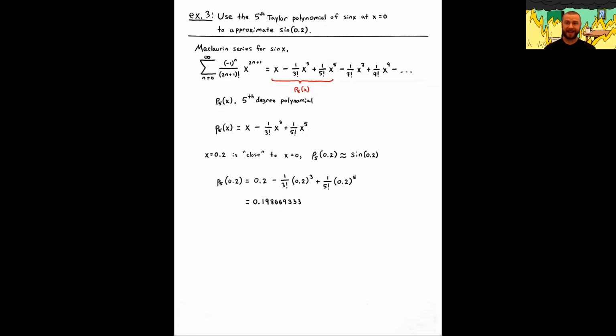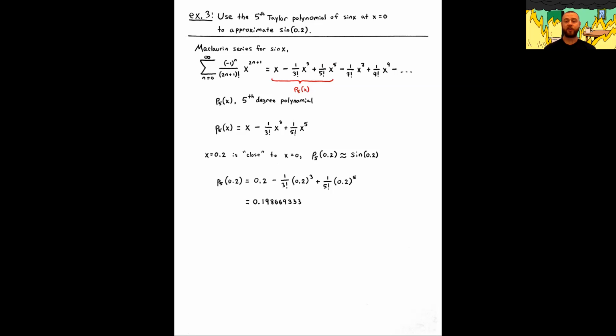If you plug that into the fifth Taylor polynomial, replace all x's with 0.2, you get this value, 0.198669333. That's pretty tedious, but that is your value for the fifth Taylor polynomial, which should be a reasonable approximation to sine of 0.2.